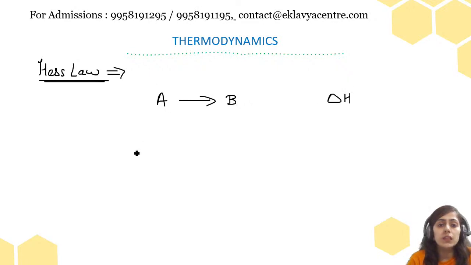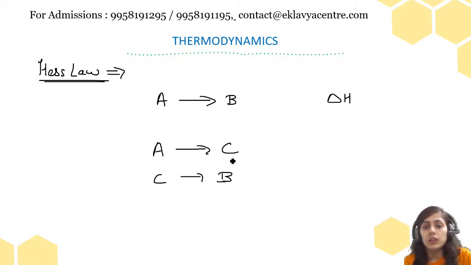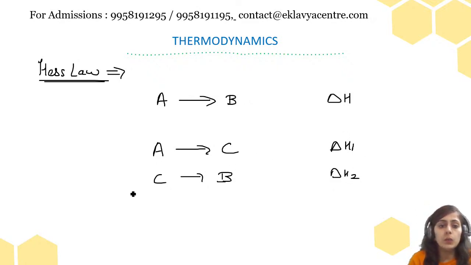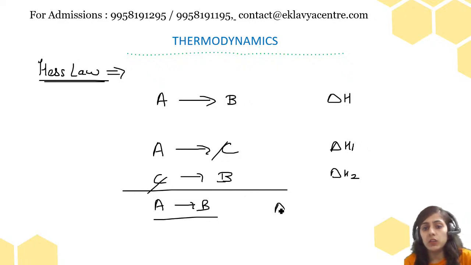Now suppose A is converting into C and C gets converted into B. For the first equation we have delta H1 and for the second we have delta H2. On simply adding these reactions, we get our net reaction. So the value of delta H will be delta H1 plus delta H2.